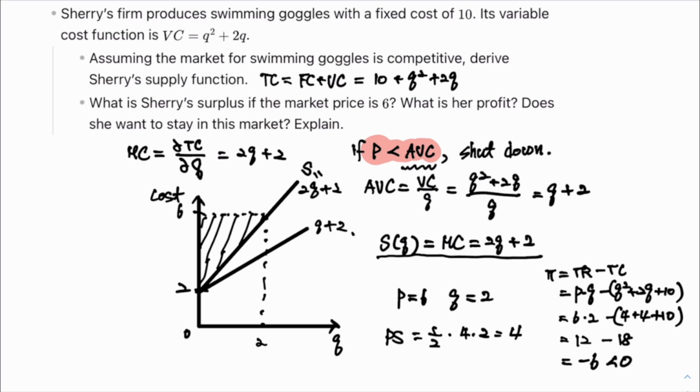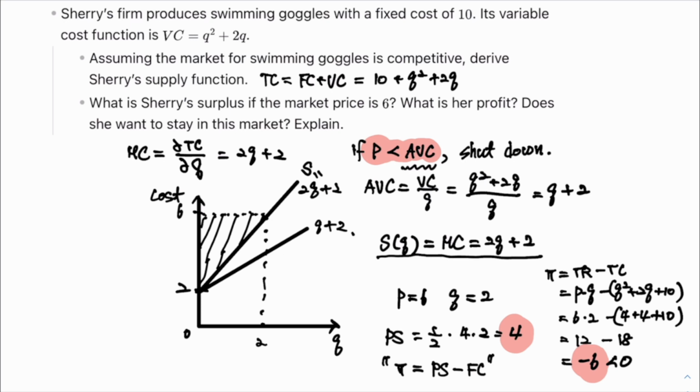We can calculate the producer surplus as 4 and profit as negative 6. This difference comes from this rule, which generally holds: profit is producer surplus minus fixed cost. So in this example, profit is negative 6, producer surplus is 4, and fixed cost is 10. So that's why.